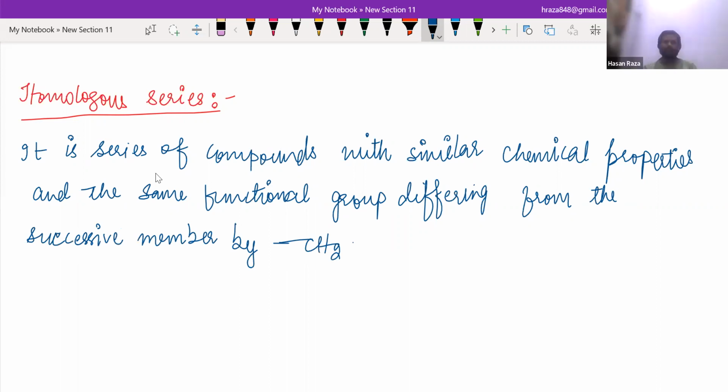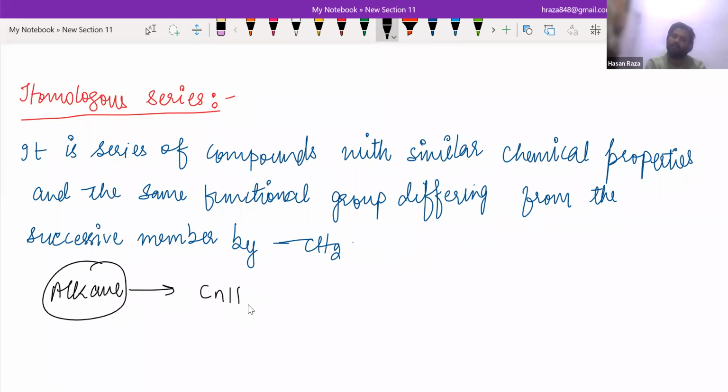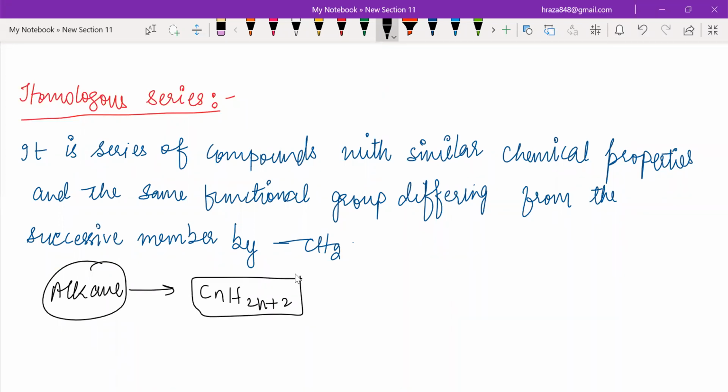You know, alkane is a family, so they will have a general formula. You know that alkane is a different family from alkene. Alkane has a general formula CnH2n+2. And the main point is that the successive member has a CH2 difference. Like the first member of alkane is methane, yes or no?